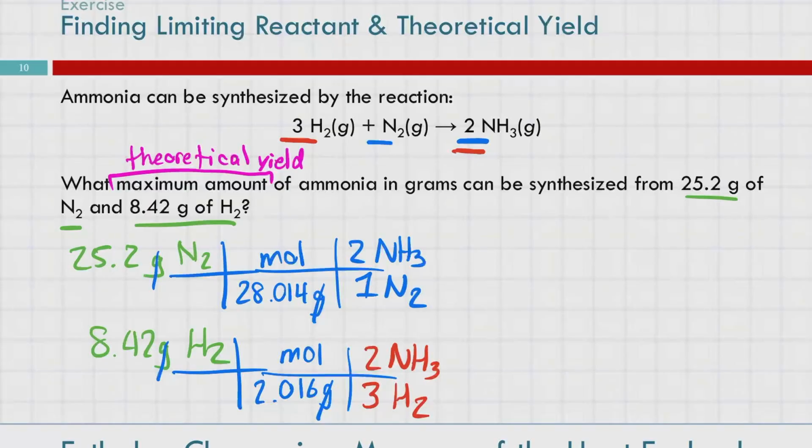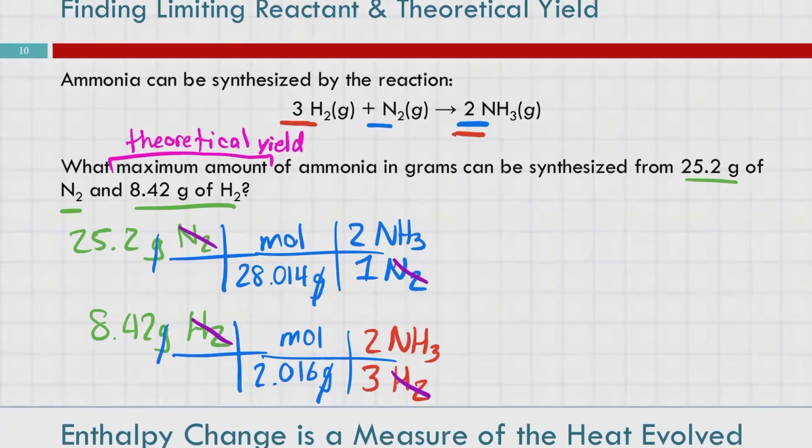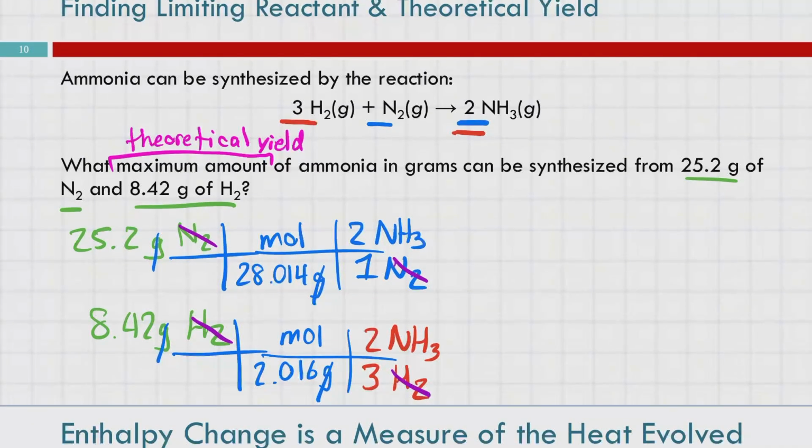That does the fun job of switching our chemicals, so I'll cross those out. At this point in the calculations, we've got moles of ammonia. If you do things one step at a time, you could stop here, figure out which one's limiting, and then continue from that one. I just plug it in all at the same time. It's not that much more work to just do the extra step. So the last step, we're going to multiply by what?